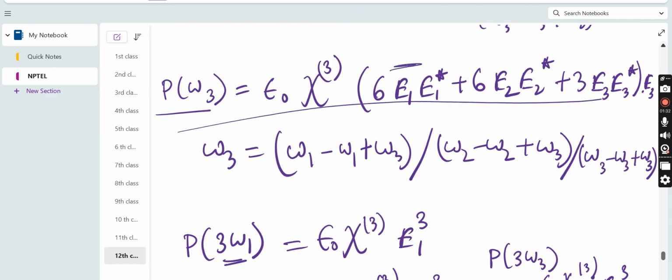So this is cross phase modulation, this is self phase modulation.